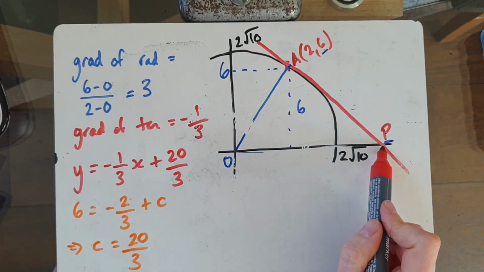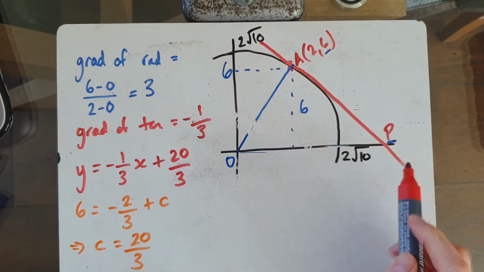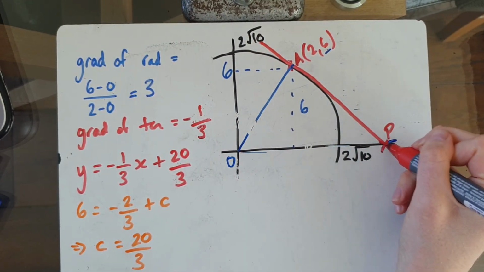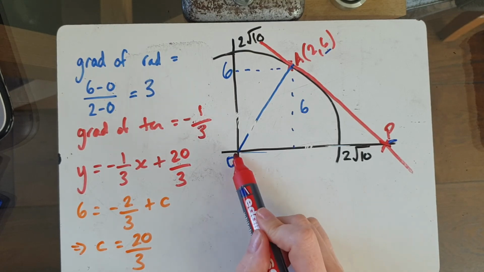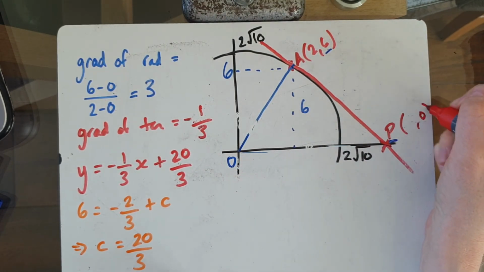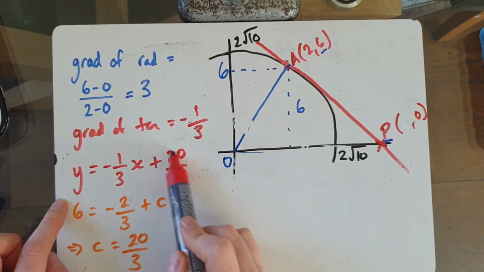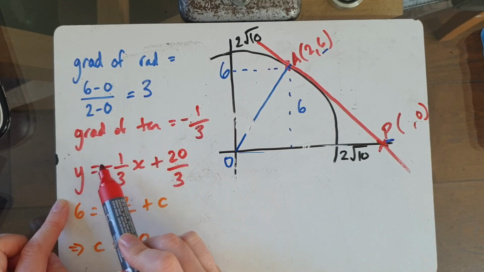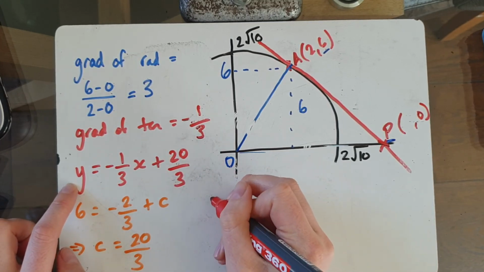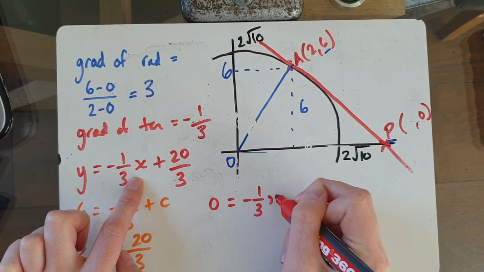To find this point P, it lies on the tangent and it crosses the x-axis, which means that the y-coordinate at this point is 0. So this is something, 0, and we can find what that something is by using our equation of the tangent. So y is 0. We don't know what x is, we want to find it.